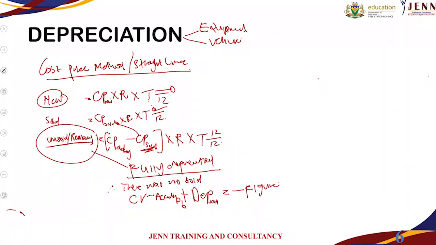Another possibility is that the accumulated depreciation is greater than the carrying value, then we have a fully depreciated asset. Here I was meant to say a cost price. If we have a cost price, we subtract accumulated at the beginning, then we subtract the depreciation for the current year. It gives us a negative figure.